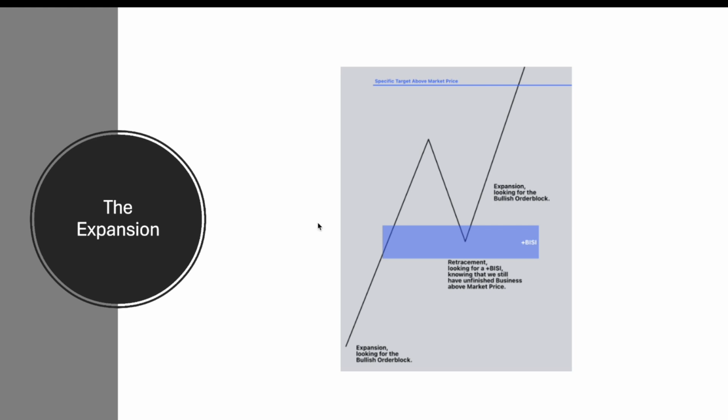And I'm going to tell you how we're going to use this information at the end of this presentation. But basically, this is also an expansion in which we anticipate the market to go inside of this. And then perhaps we can even standard deviate this above the specific target that we're looking for in terms of market price. And this is going to be the lesson about expansions.